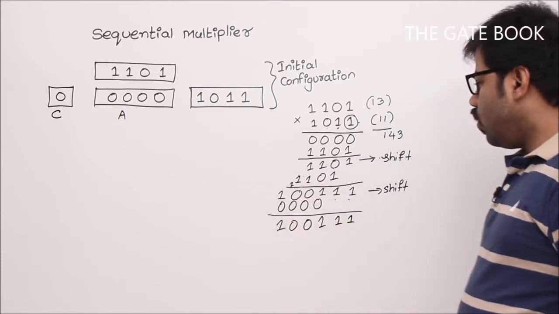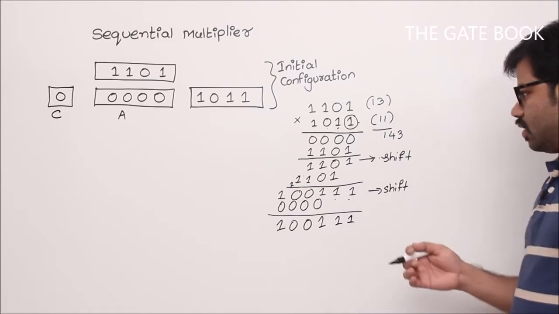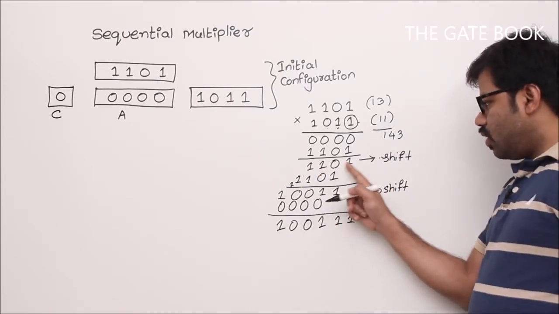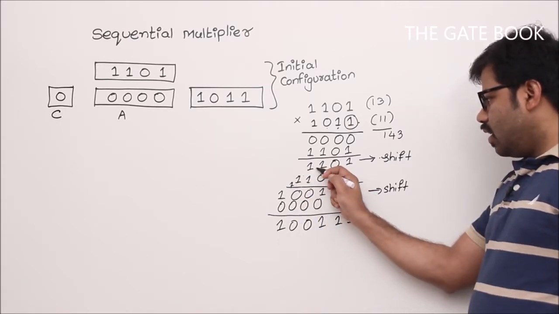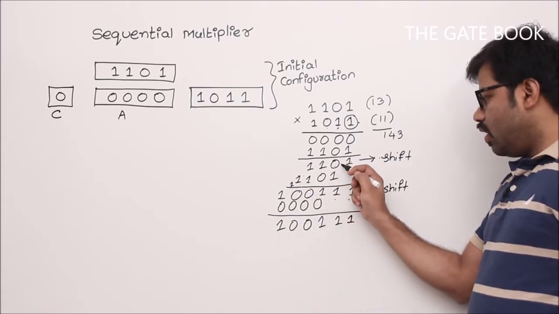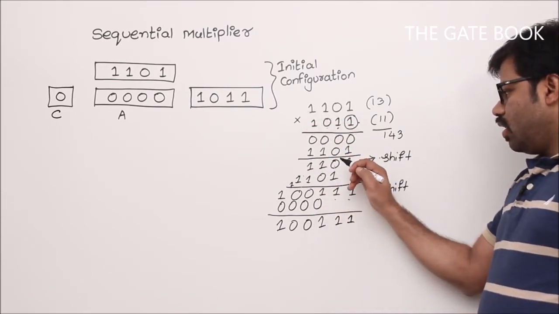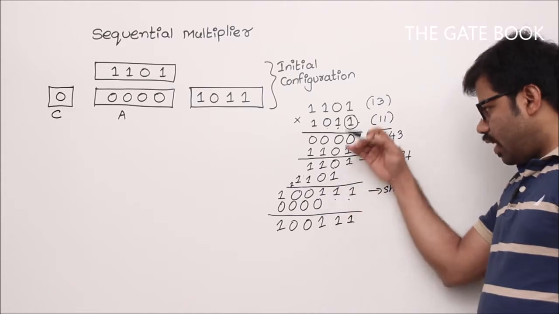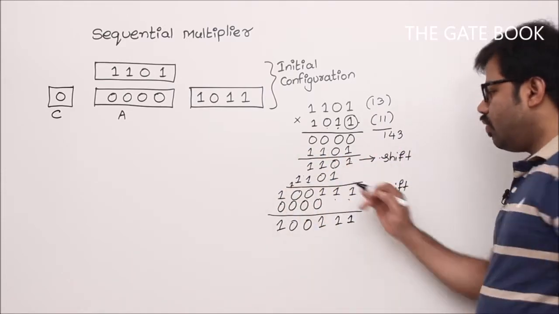Though you may not be understanding that shifting is happening, you have to feel it. See, here you have 1101, then 1101 is added here. If I assume that these 4 bits are some bits in the register, we have a register 1101, then we are not adding 1101 directly to this 1101. After shifting, this 1101 we are adding.